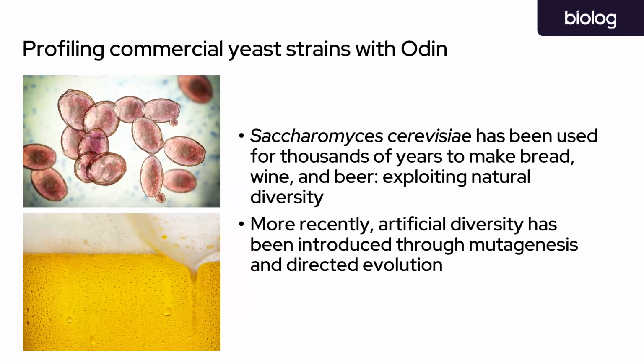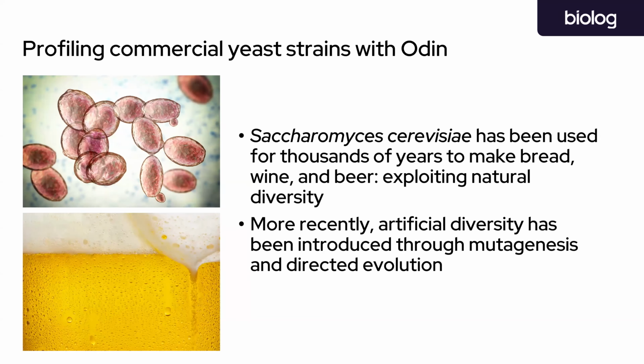And then more recently, we've been able to use more modern techniques like mutagenesis or directed evolution to be able to introduce even more genetic diversity. And so, if you want to select a strain of Saccharomyces cerevisiae for a very specific purpose, like maybe to express a recombinant protein, somebody might be looking for a specific phenotype.